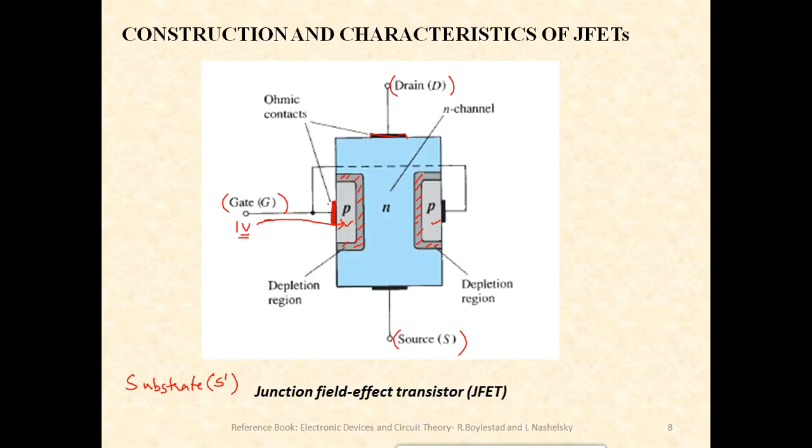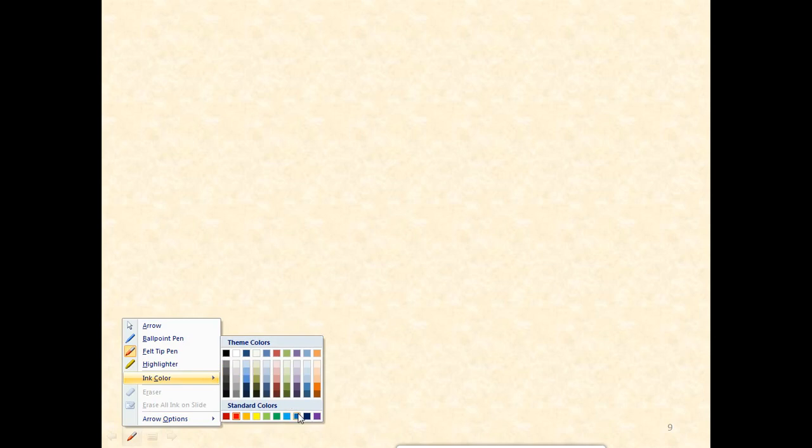Moving next, I'll draw the same structure in a horizontal way. I'll just be tilting this particular structure by 90 degrees in the next slide. Initially I'll take a different colored pen.